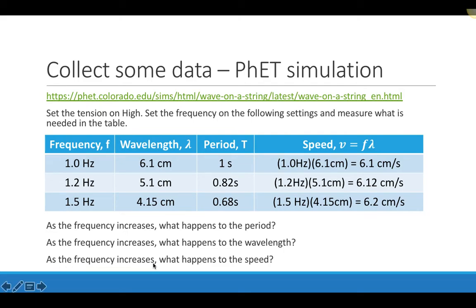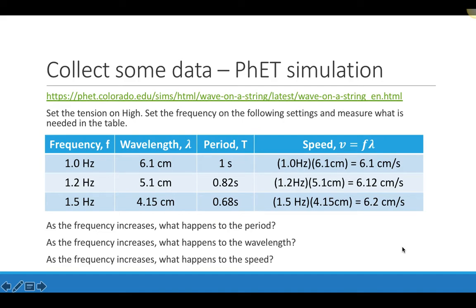As the frequency increases, what happens to the speed of the wave? As I look at the speed of the wave, it's 6.1, 6.12, 6.2. Realizing it's a simulation and we're having to do some estimates in terms of what that ruler can actually read, these values for the speeds are staying about the same. So as the frequency increases, the speed of the wave stays constant.